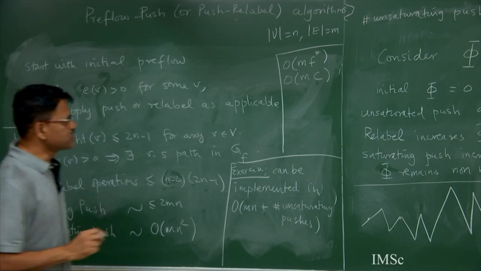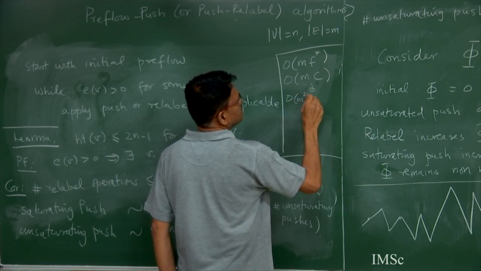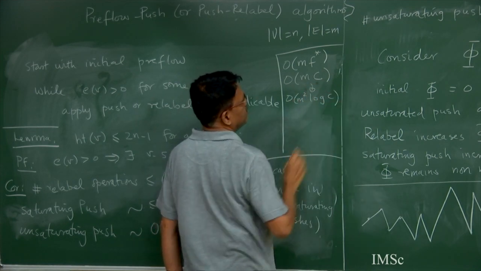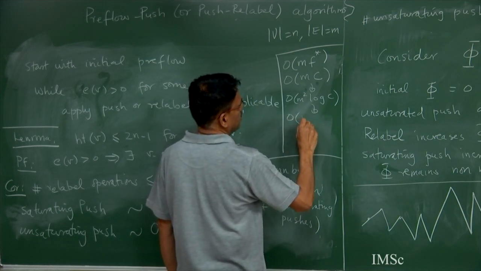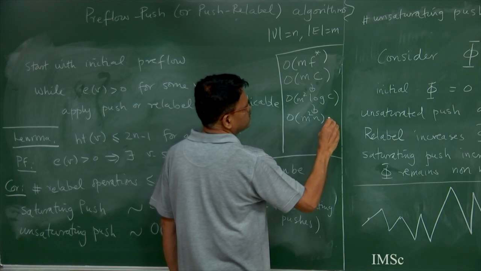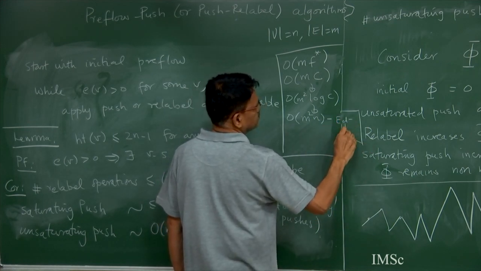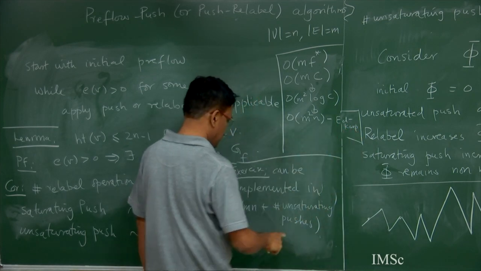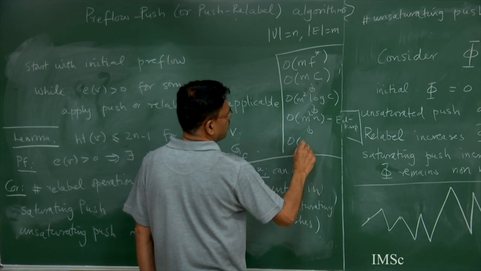And I'm not sure you saw this algorithm, but there is an algorithm which takes m square log C, and then m square n was this Edmonds-Karp. And now this algorithm is m n square.